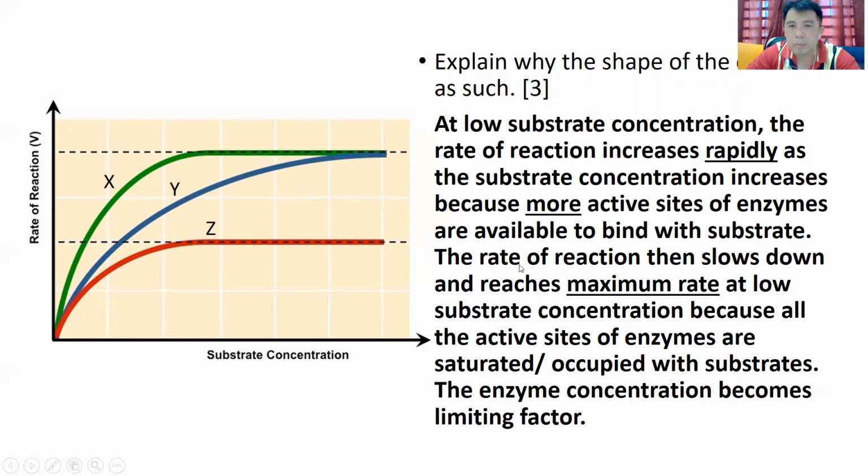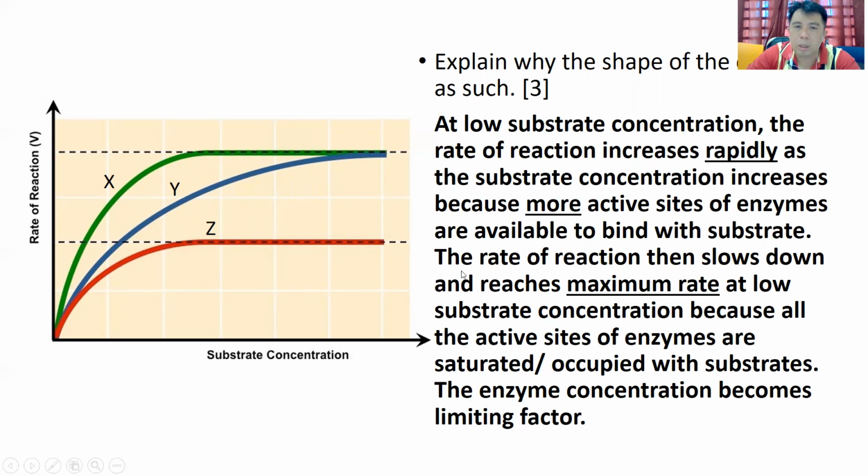Then the rate of reaction slows down and reaches maximum rate. Here is still considered as low substrate concentration, because this is for the curve of the reactions without inhibitor.